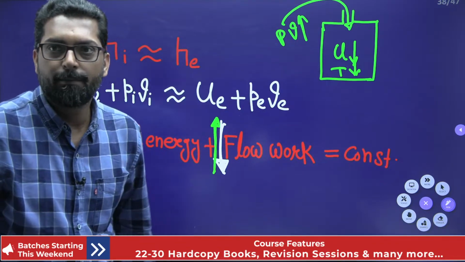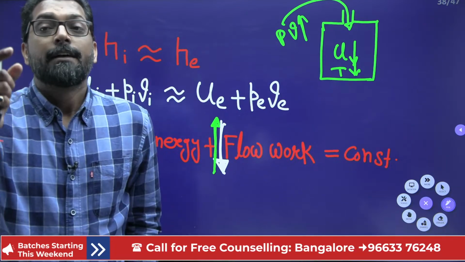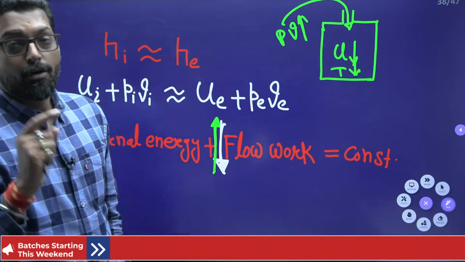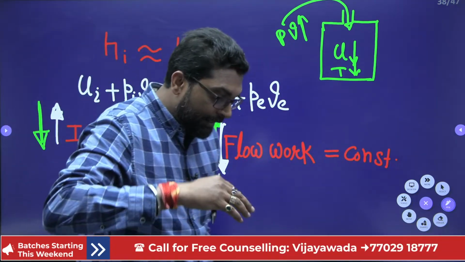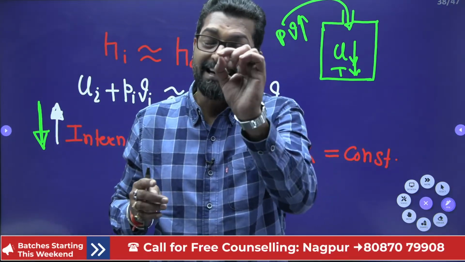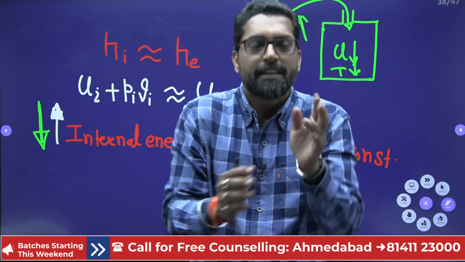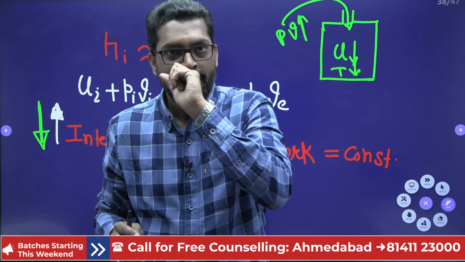It is just like Bernoulli. In Bernoulli's equation, this is also energy. I am giving you one insight. If you think of Bernoulli like a throttling, there are two different aspects.